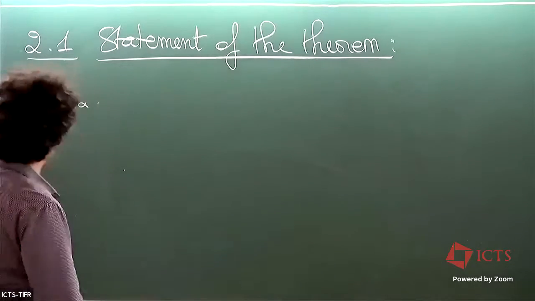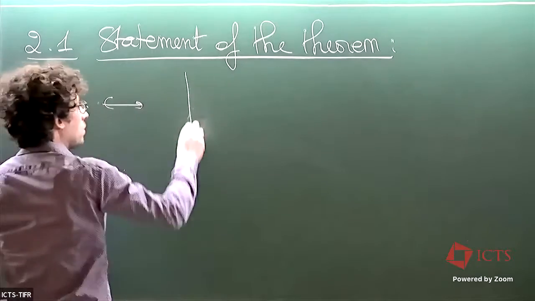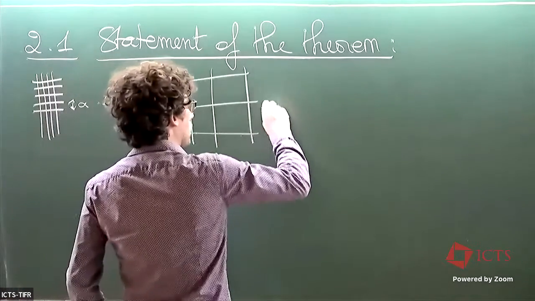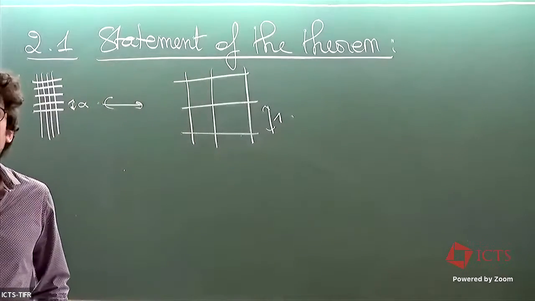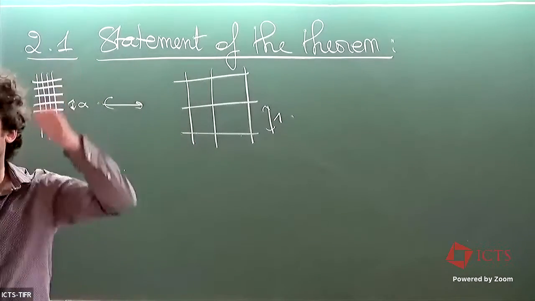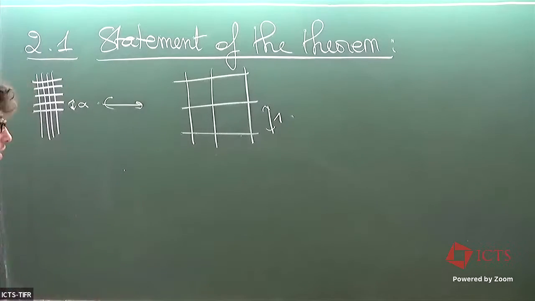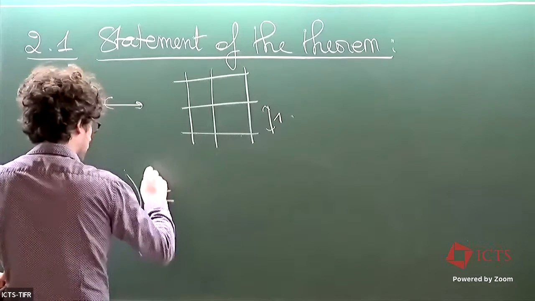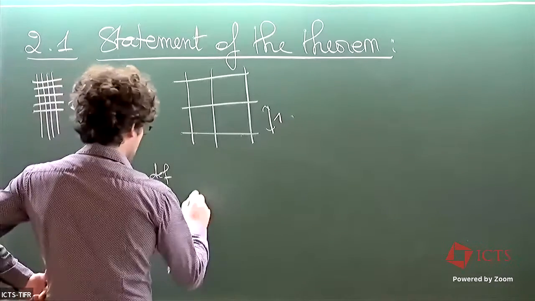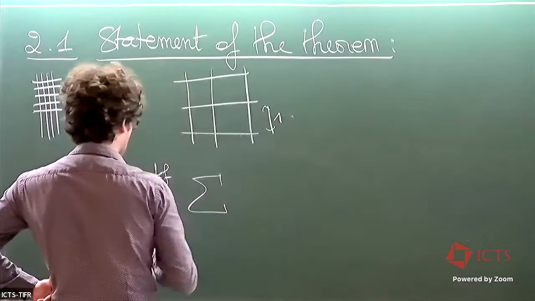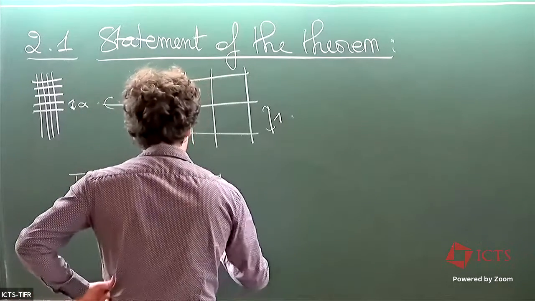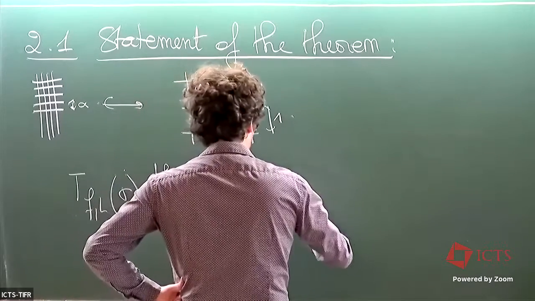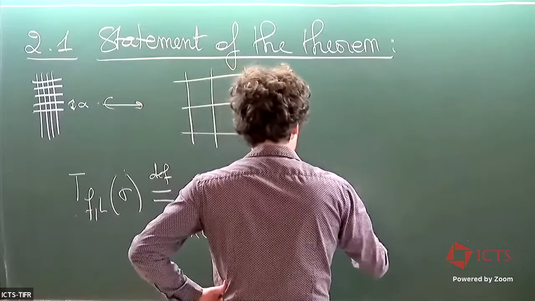Today, and actually for the end of the lectures as well, I'm going to focus on a nice lattice of mesh size 1, and I'm going to take points or averages on large scales. So I'm going to define T_f,L of sigma to be the sum, so I'm not going to renormalize it, for x in Z^d of f of x over L times sigma x.